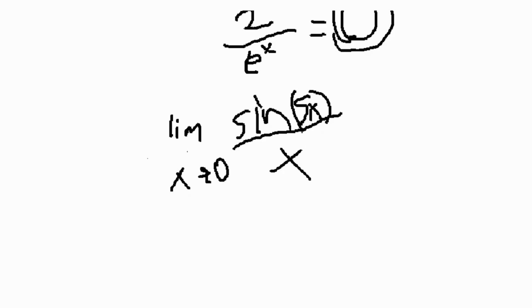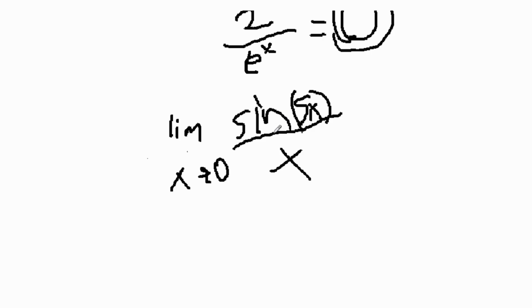Okay, so try this one on your own. When I substitute 0 in, I get 0 over 0. So that means this is an indeterminate form. So now I know this is an indeterminate form, I can apply L'Hopital's rule.